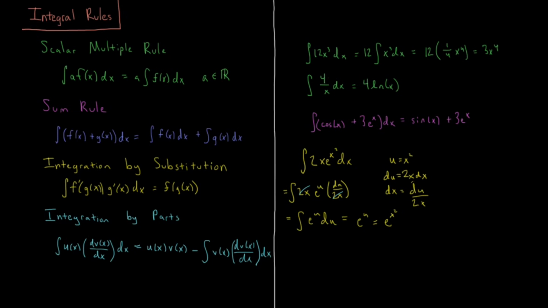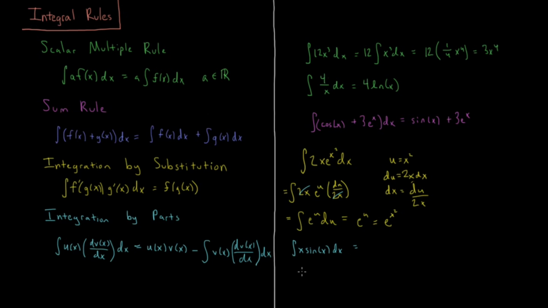Last and not least, integration by parts. Let's look at the integral of x sine x dx. Let's define our function pieces here. We want something that is easy to take a derivative of, whose derivative is going to be basically 0, or something that's going to be easy to integrate.